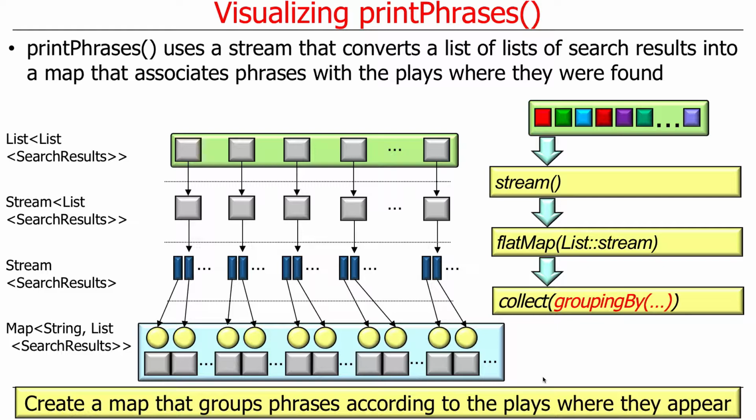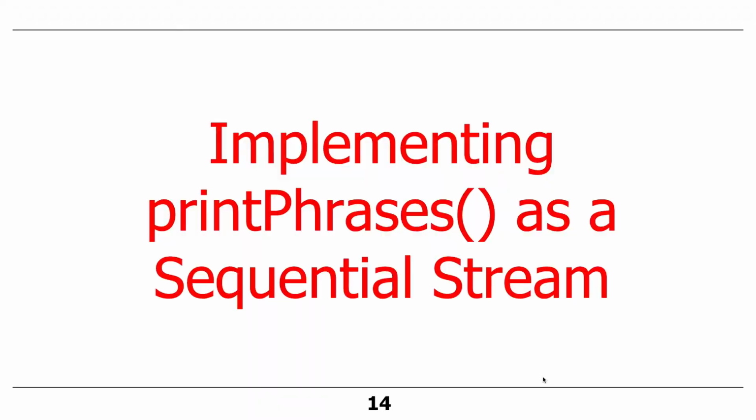So we're taking the input here and we're generating this list of search results at the end. And so this was a really, really concise way to get ourselves a real easy to work with data structure, a collection, a map in this case, and then we can print the map and the output looks really cool.